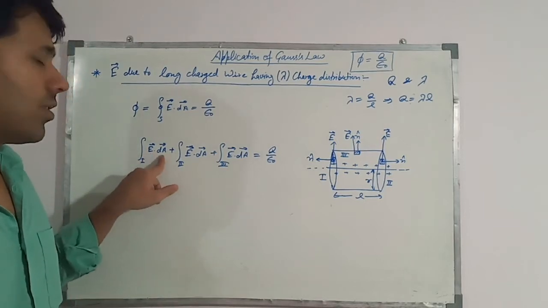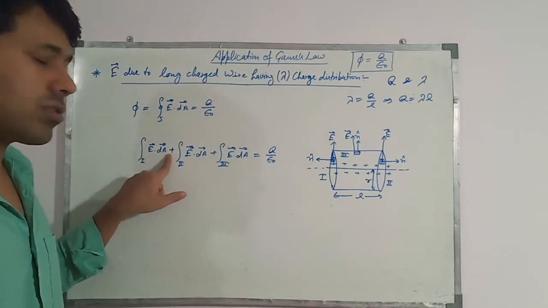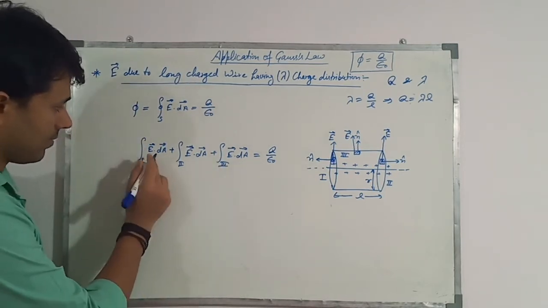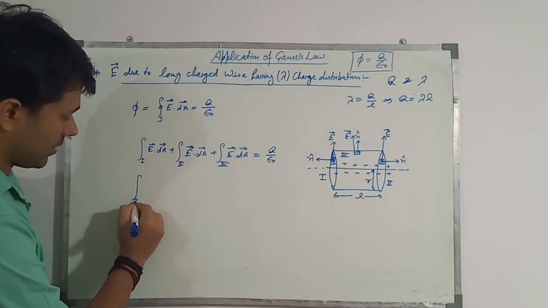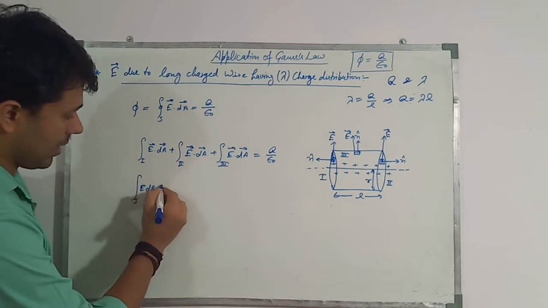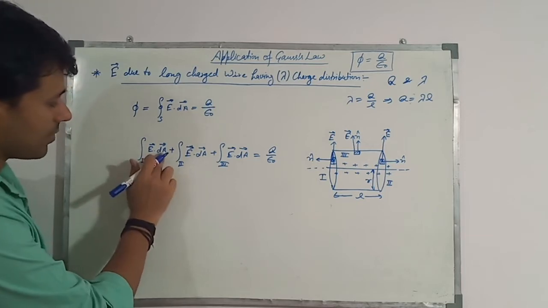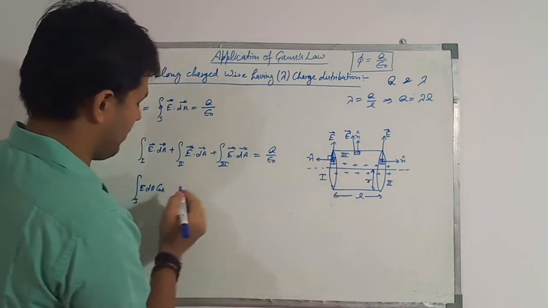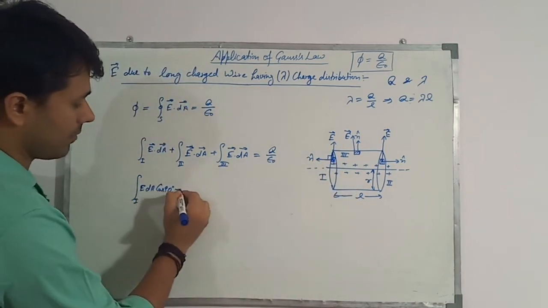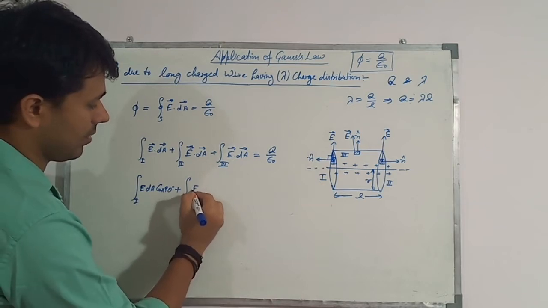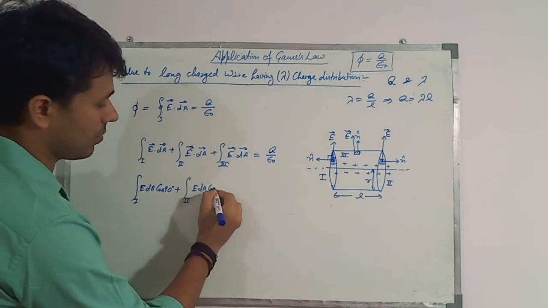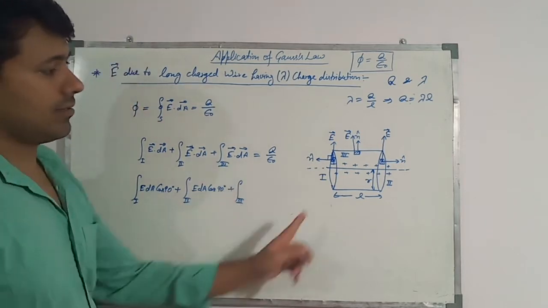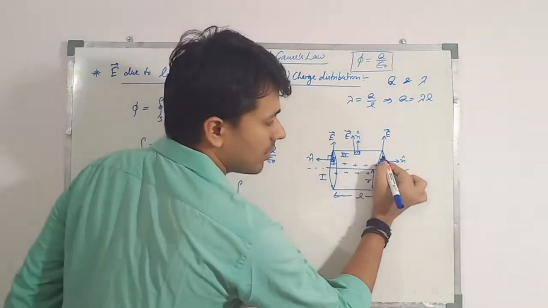E dot dA, dot product, means E dA cos theta. For the first surface, the integral of E dA cos, and the angle between the area vector and E is 90 degrees, so cos 90, plus the second E dA cos 90, similarly 90 degrees.